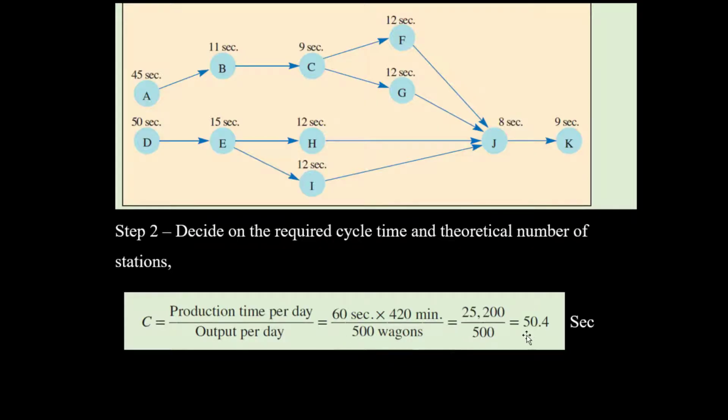So when we do this, we get 50.4 seconds per cycle, or per wagon. This is the required cycle time. Unless every station works at less than or equal to 50.4 seconds, we will not be able to meet this target.